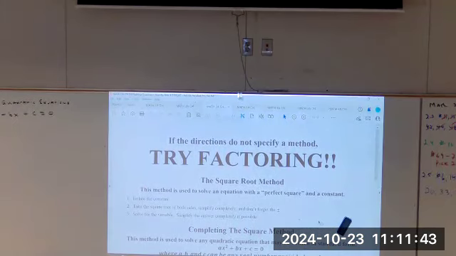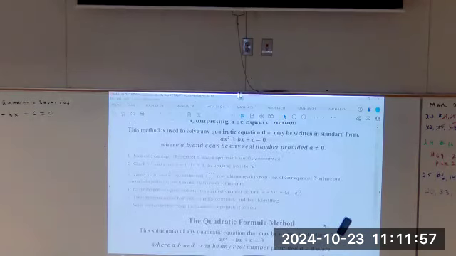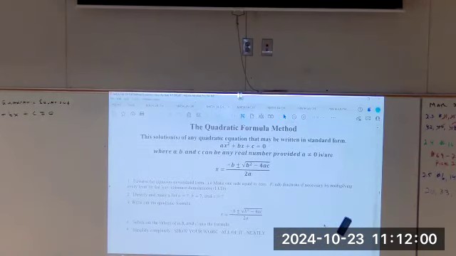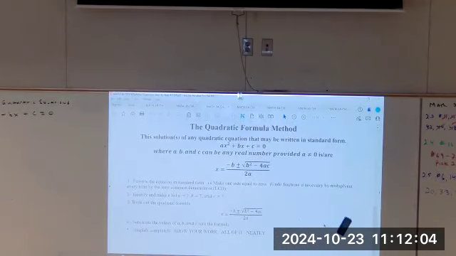And then step by step, I have the square root method, the completing the square method step by step, and the quadratic formula method, written out in detail step by step. What I expect to see from you are the steps, not just answers. It's all posted.